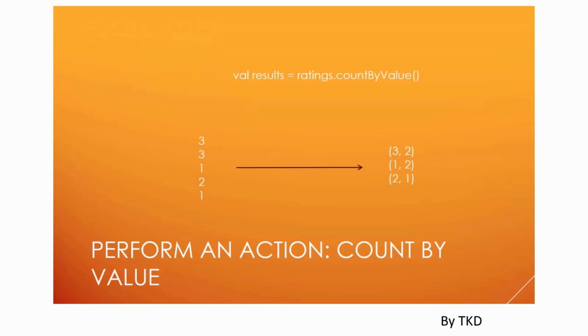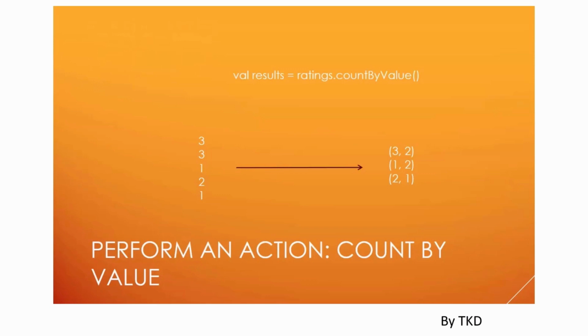Now remember, countByValue is an action, by which Spark will go and call the computed directed acyclic graph and start chunking away at all of the data.